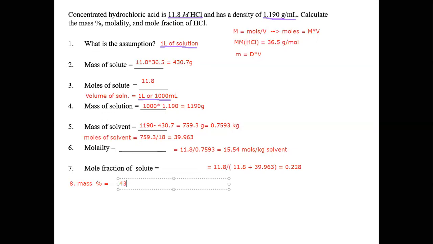So we need the mass of solute divided by the mass of solution multiplied by 100. We get about 36.2%. So again, this is how you convert between the different units of concentration.